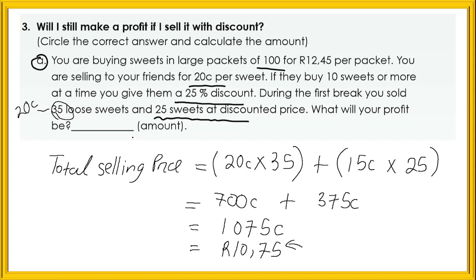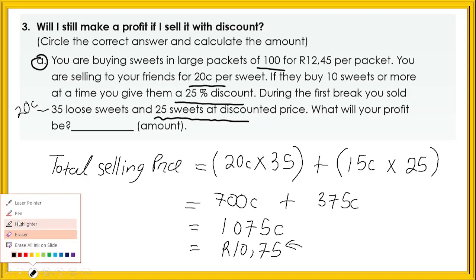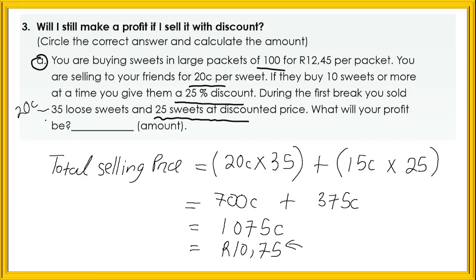What will your profit be? Do you see that? Or maybe I'm reading the question wrong. So you have a large packet of 100 that you buy for 12 rands.